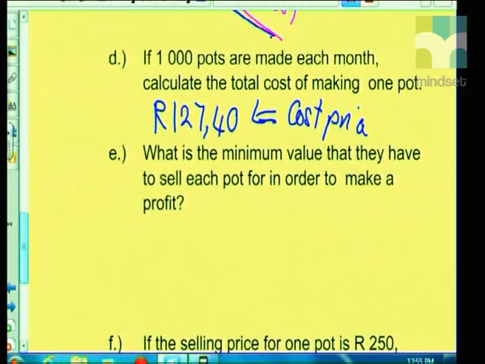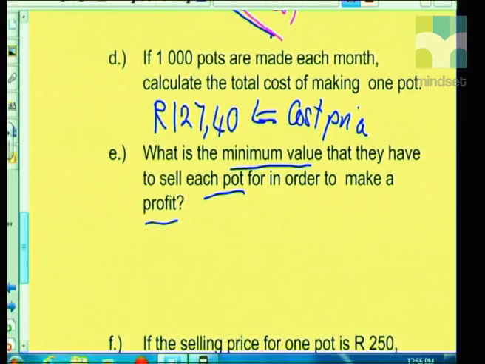And we're going to say, what is the minimum value that they have to sell each pot for in order to make a profit? Well, there we've got it. The minimum cost of making the one pot is 127 Rand 40. That's the minimum. You're not going to make any profit unless you sell it for at least 127 Rand.